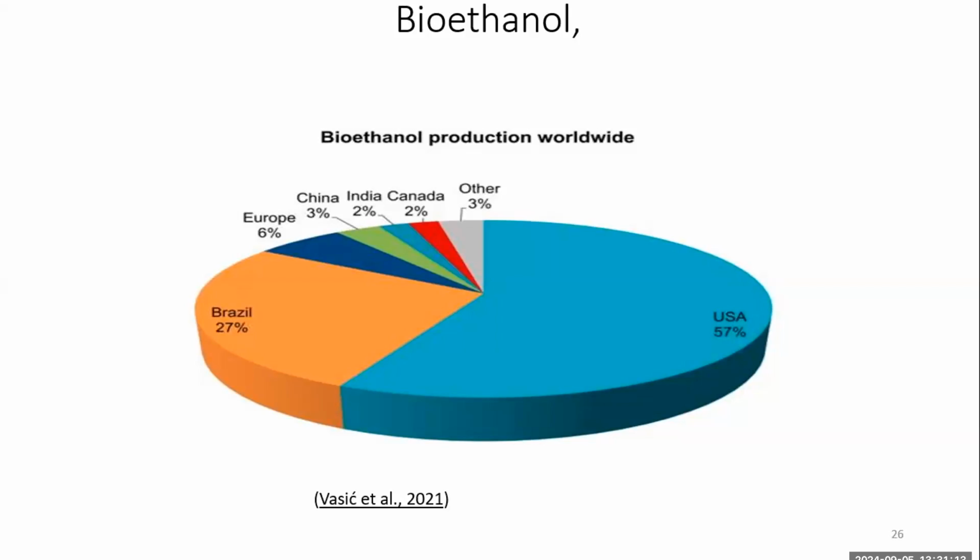Bioethanol is very important because a mixture of bioethanol with gasoline can be used effectively in our car engines. And the advantage of dependence on bioethanol is that it produces little or insignificant greenhouse gases compared to fossil fuels like gasoline.